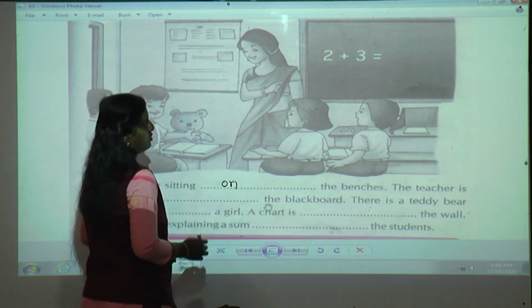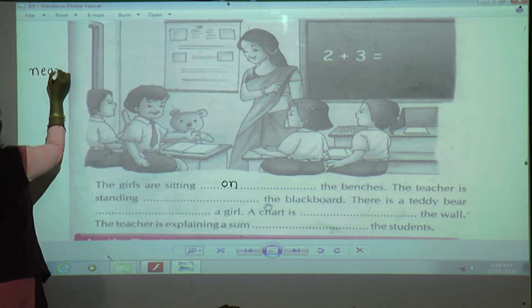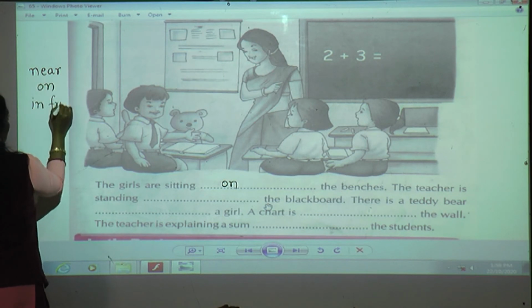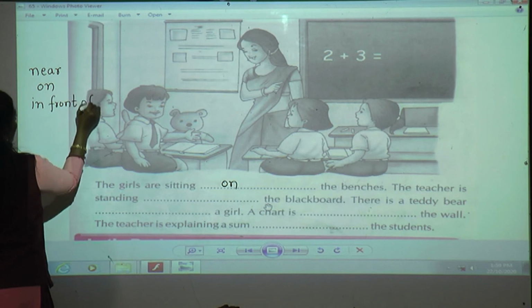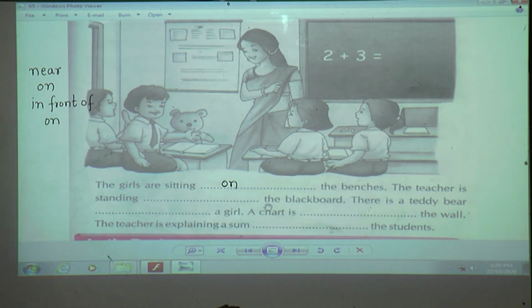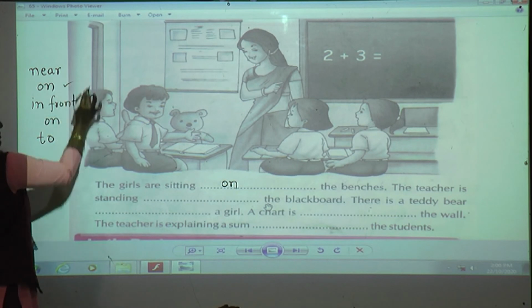On is there. Yes or no? I'll just write here the hint words: near, on, in front of, one more on is there, and to. These are the hint words. So from these words, on we have finished.